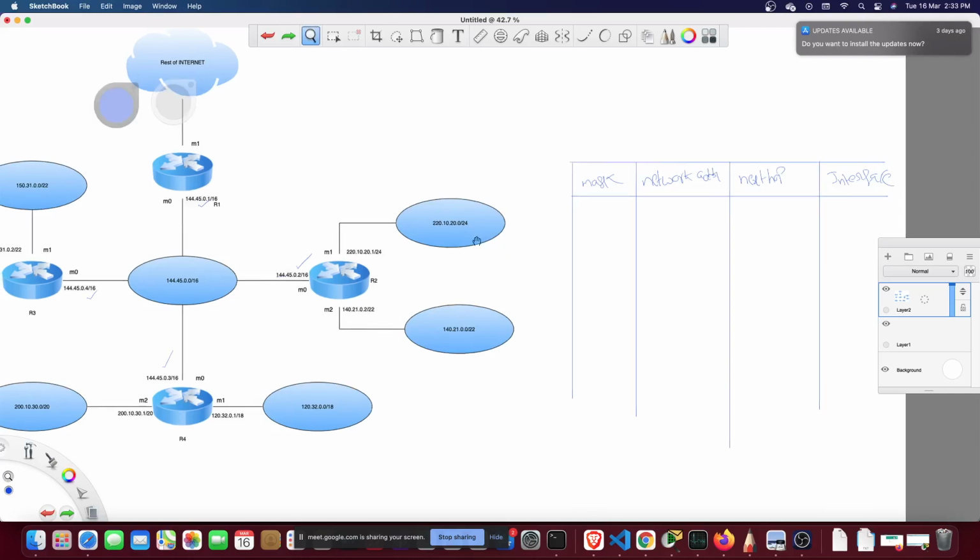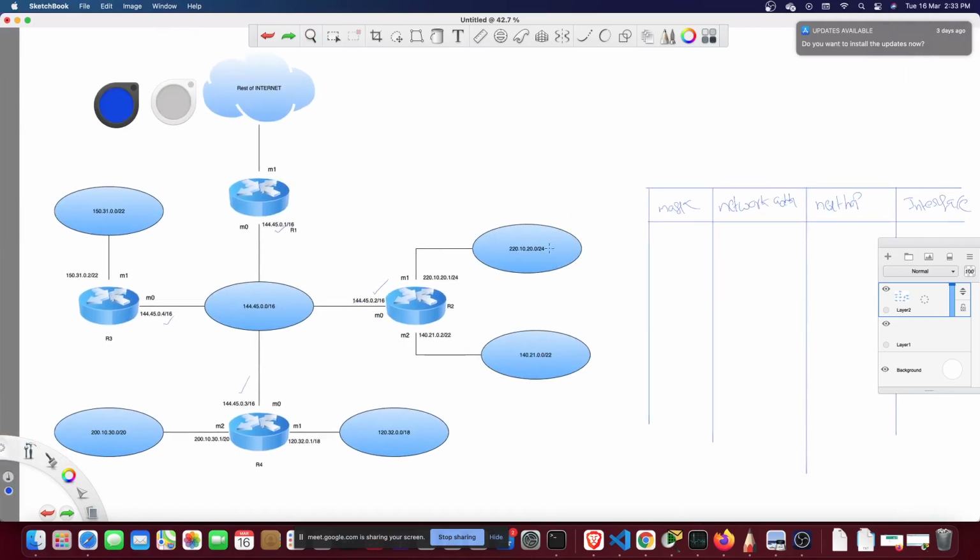If you scan this network, which one has the highest prefix here? 24. And what is the network address for 24? 220.10.20.0, and the next one is 22.